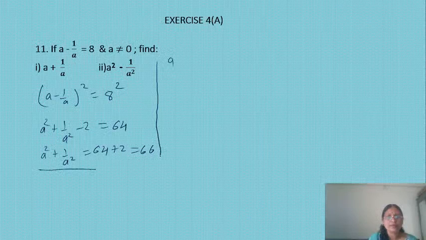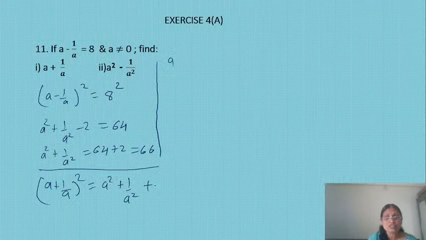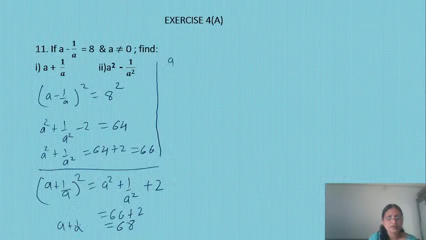So we move on to a plus 1 upon a the whole square. So we get a plus 1 upon a the whole square is equal to a square plus 1 upon a square plus 2. The value of a square plus 1 upon a square we have got is 66. We put here 66 plus 2, we get 68, right? So a plus 1 upon a the whole square is equal to 68.